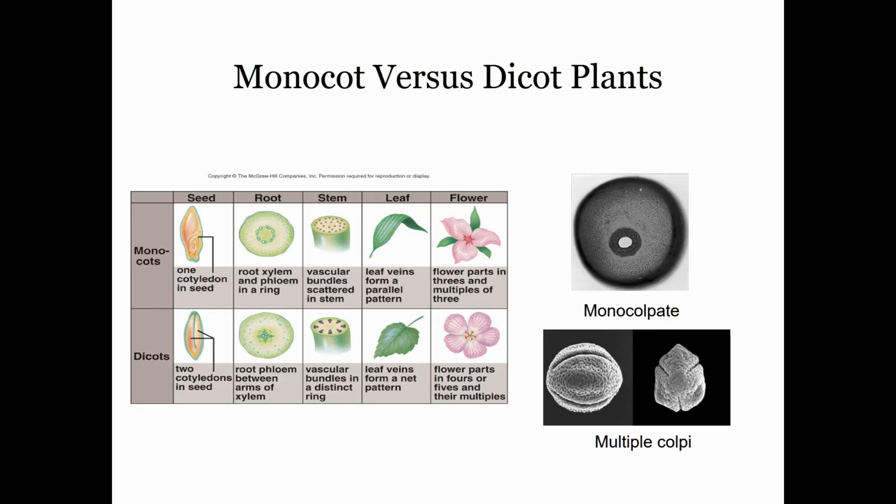Unfortunately, that's not super useful for identifying plants in the field, but it has been a really good trait for looking at changes in the abundance and distribution of monocots throughout the world, because pollen gets retained very well in sediments for hundreds of thousands of years. And so that can be used as a record of how ancient plant groups have changed in both abundance and distribution throughout the world.